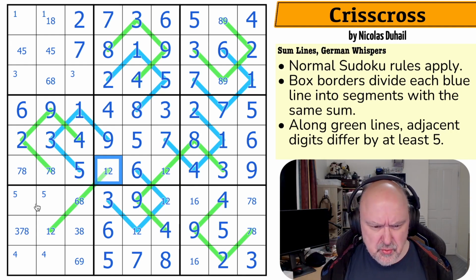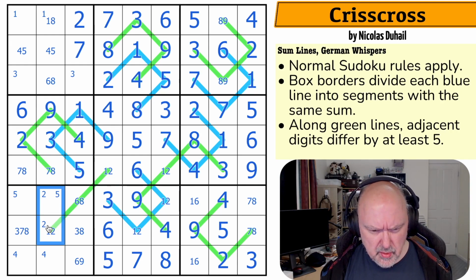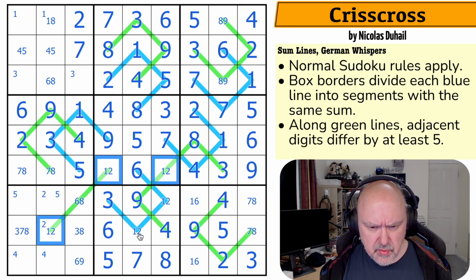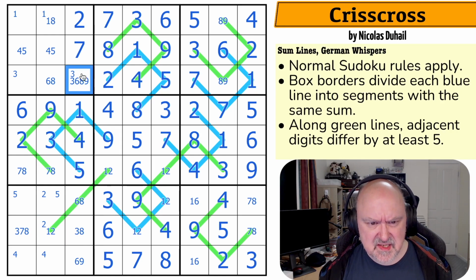I can see that 2 is in one of those two. If these are both 1, that's a 2, that's a 2, and that's a 2. And that's okay. I'm quite perplexed here. I mean, 3, 6, 8, 9, and it doesn't seem to be restricted by row or column.